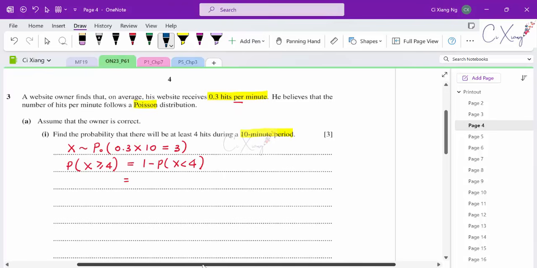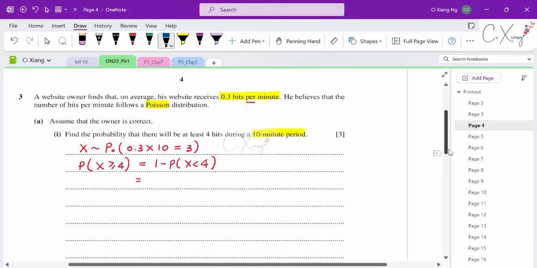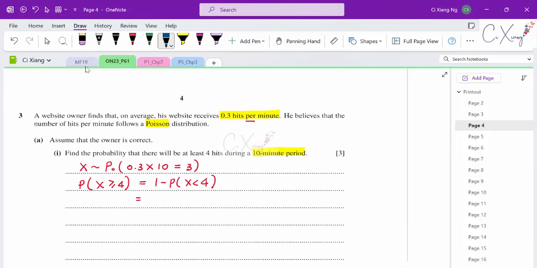Usually I ask my students to remember another formula that we can apply more easily, where you want to find x smaller than a number r. The general formula is e to the negative lambda, times: the first term is always 1, the second term is always lambda, then plus lambda squared over 2 factorial, lambda cubed over 3 factorial, until lambda to the power r divided by r factorial.